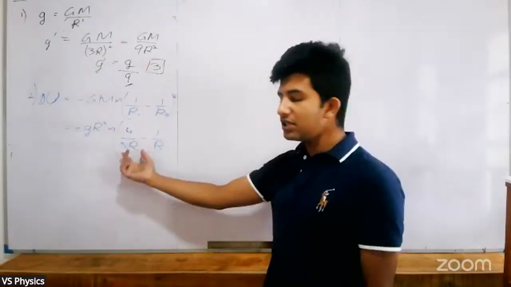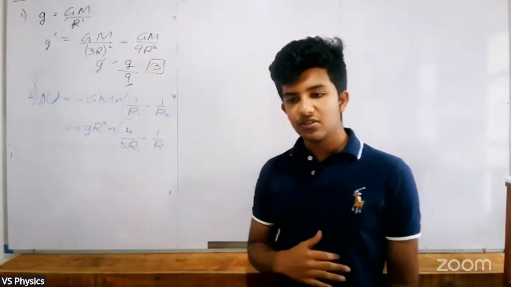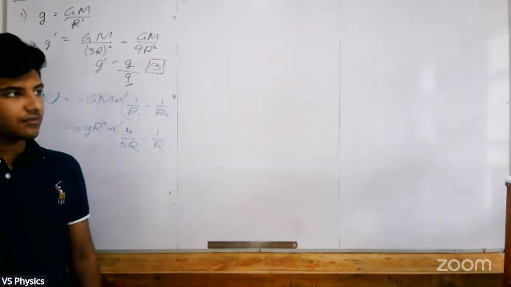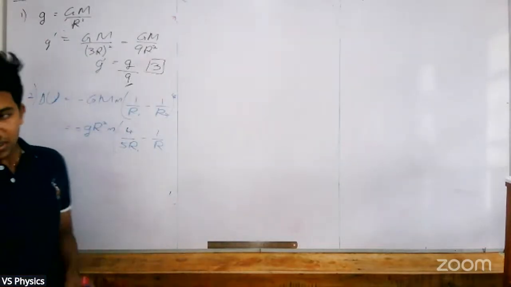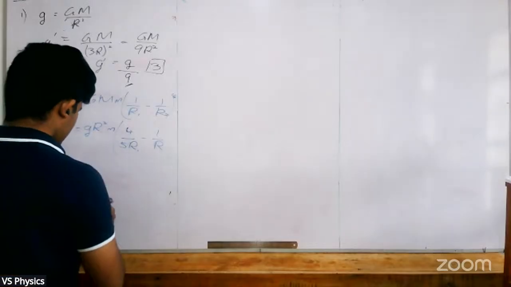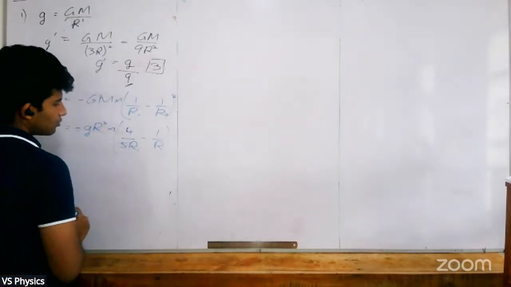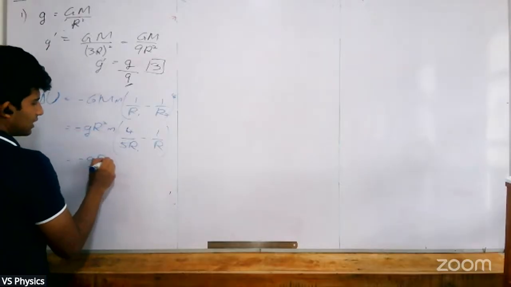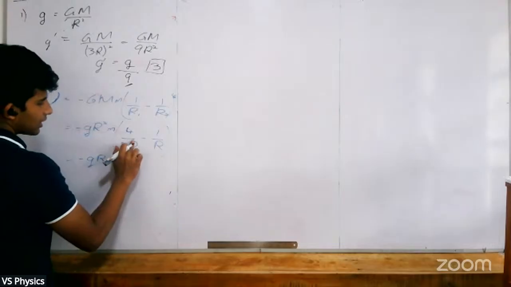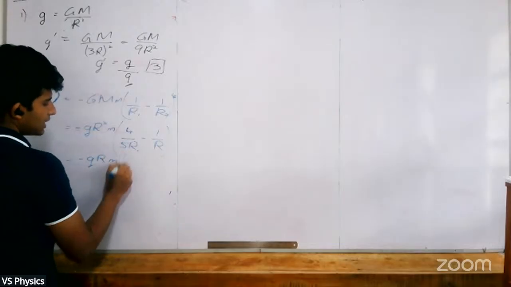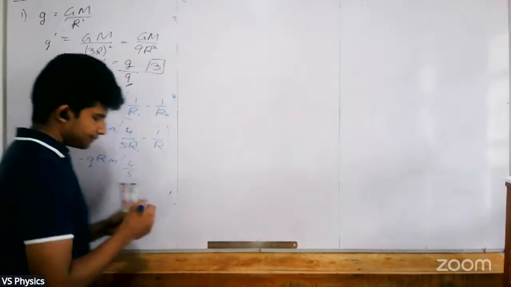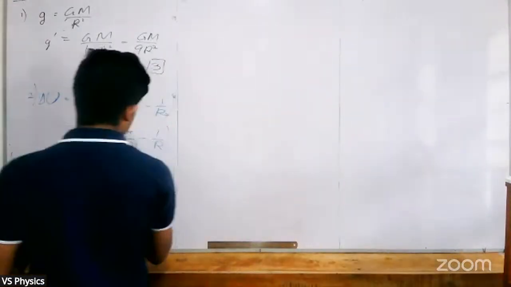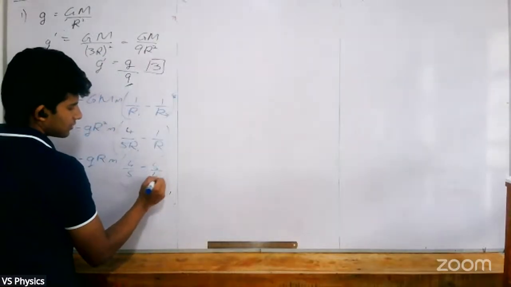That means we have to add the radius of the planet as well to find the final radius of the object from the center. Now we can write minus g r squared. When r squared is one r, m is equal to 4 over 5, 4 over 5 minus 5 over 5, isn't it?